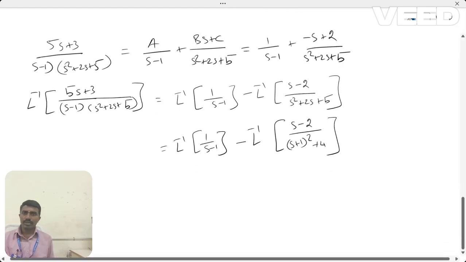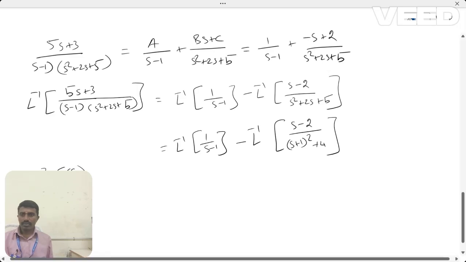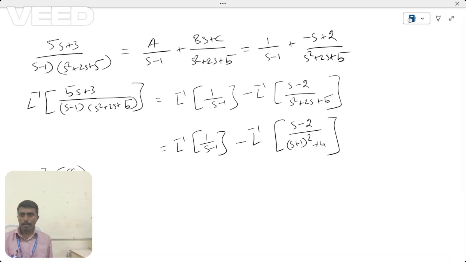What is the first shifting property? It says that if L of f of t is capital F of s, then L of e power minus at f of t is capital F of s plus a.